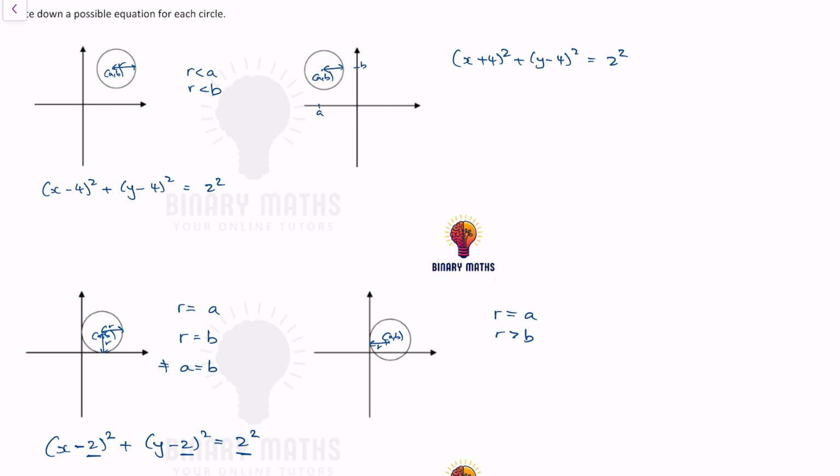Now because the circle center is in the first quadrant, it must be of the form x minus 3 squared plus y minus 1 squared is equal to 3 squared. Now you can see both a and the radius are the same, so it would touch the y-axis. But also b is equal to 1, which means it will cross the x-axis twice. Okay, so that is an example that would work for that one.